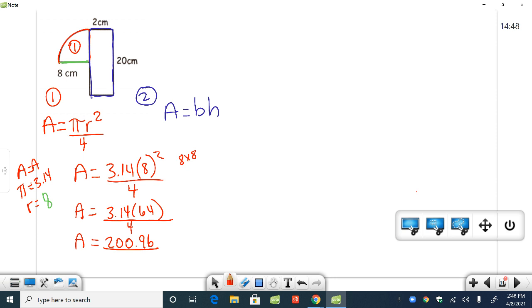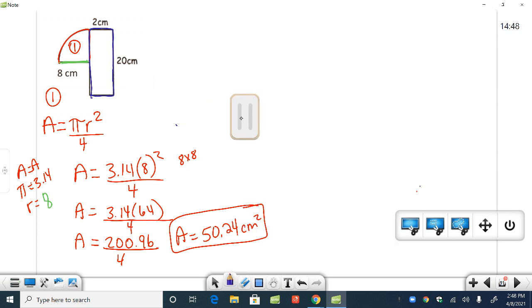But I only want one piece of that whole circle. That's for the entire circle. And I want one piece of it, so I'm going to need to divide it by 4. And when I do, I get 50.24. Notice how we use the same numbers almost over and over again. So that's the area of that part of that circle.